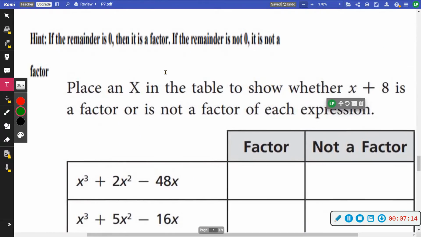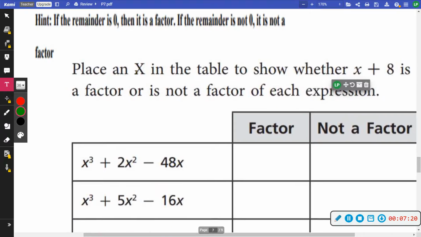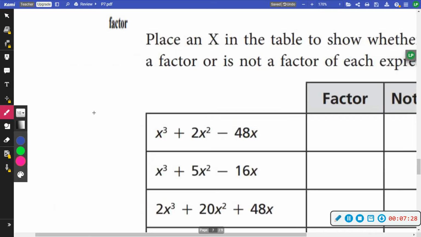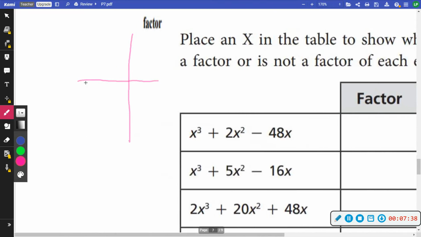All right. Hence, if the remainder is 0, then it is a factor. If it's not 0, then it's not a factor. And so they want us to take this and see, is it a factor? Now, one way you could do this is technically to be a factor of x plus 8, that means you have an x-intercept of negative 8.